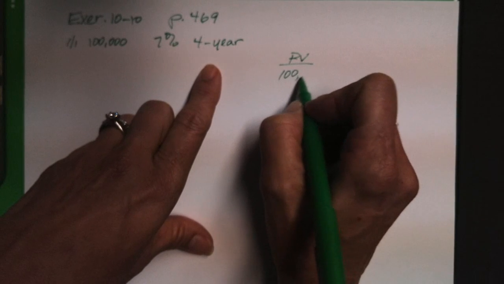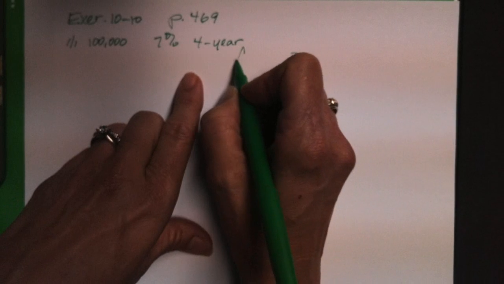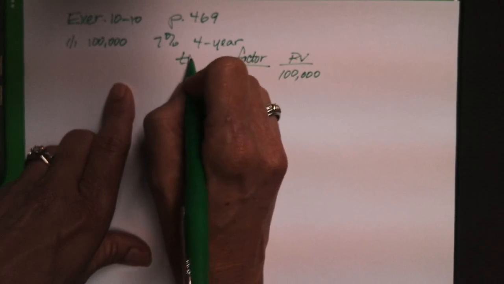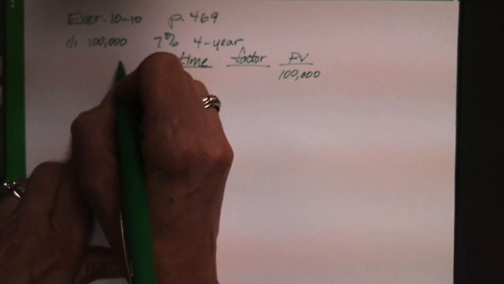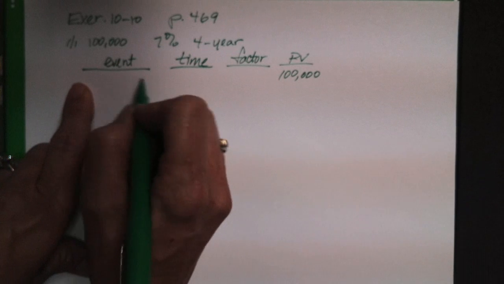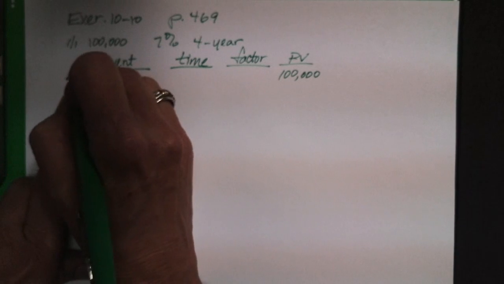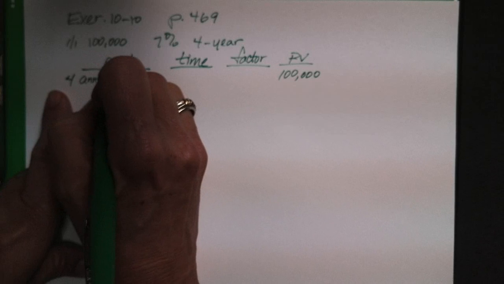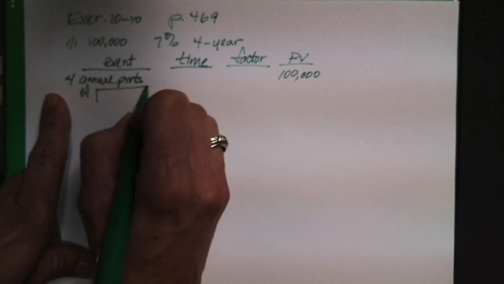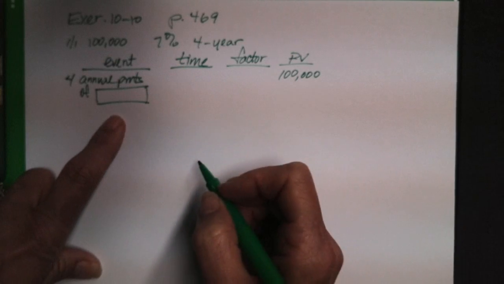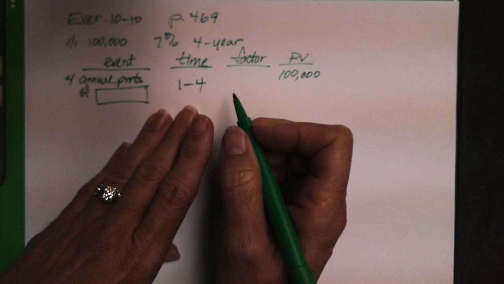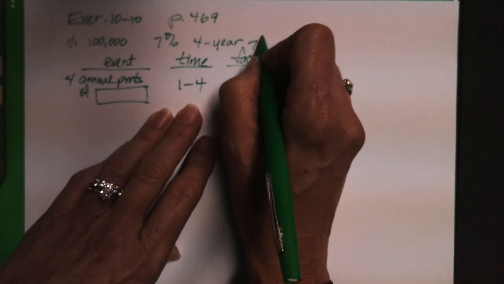Present value, $100,000. The event is what we're trying to solve for: 4 annual payments of X across 4 years, 1, 2, 3, 4, and it's 7%.